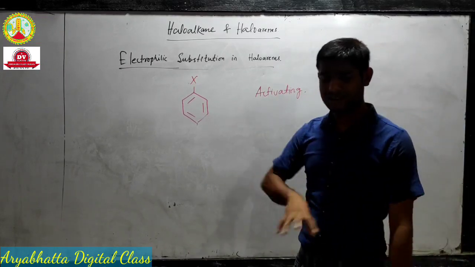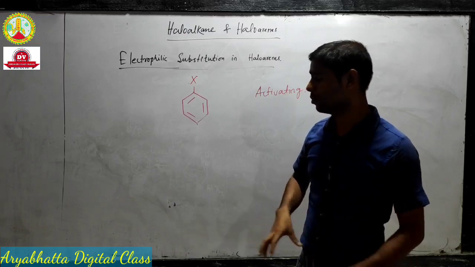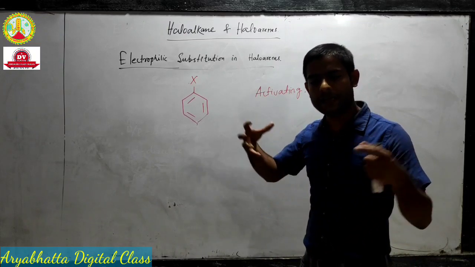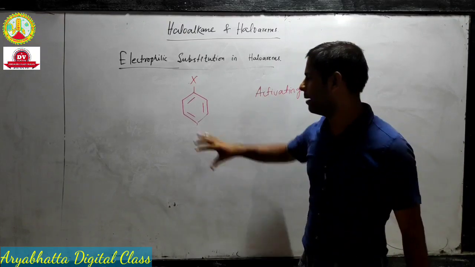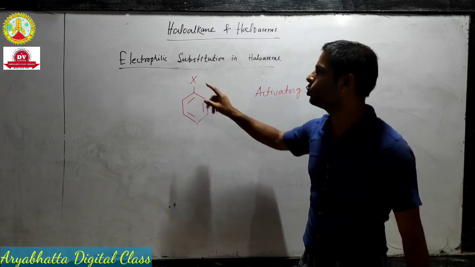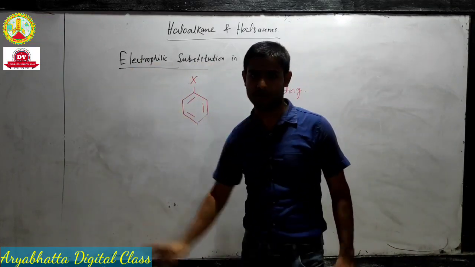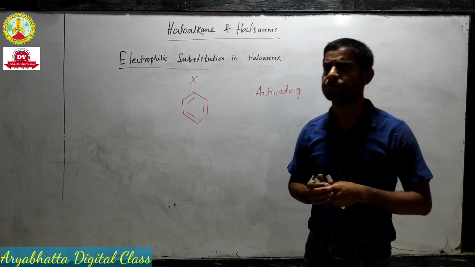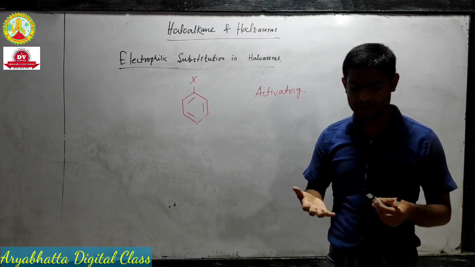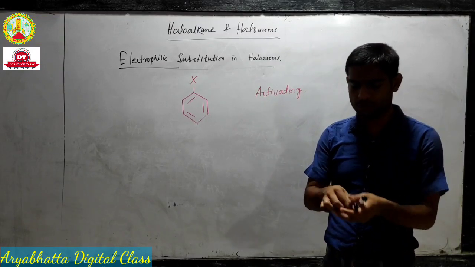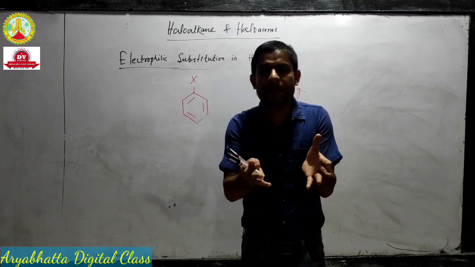Actually there are a few groups which can increase the ability of the benzene ring towards electrophilic substitution. Suppose, you know, I can take an example, suppose we are playing cricket.